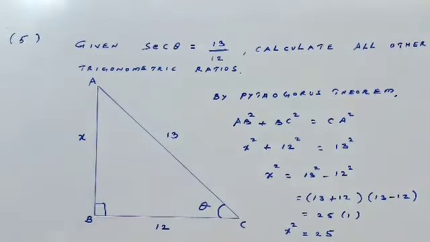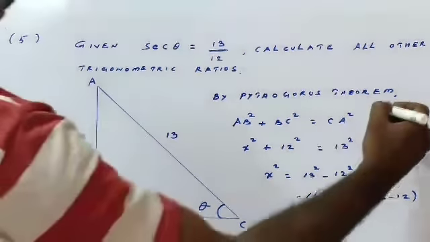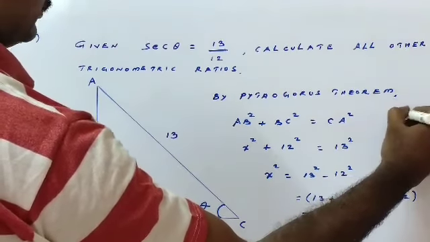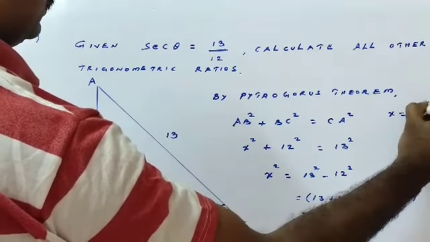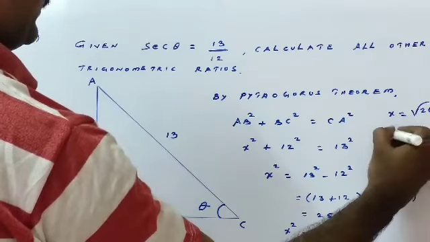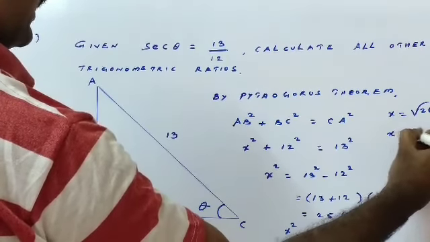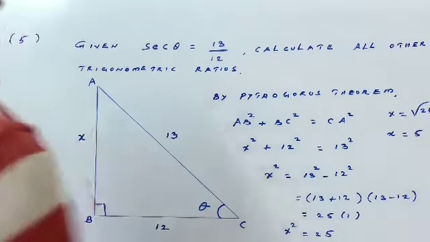We need the value of x. X means taking square root for x square. So x equal to root of 25, that is plus or minus 5. No need to consider negative value. So x equal to 5.